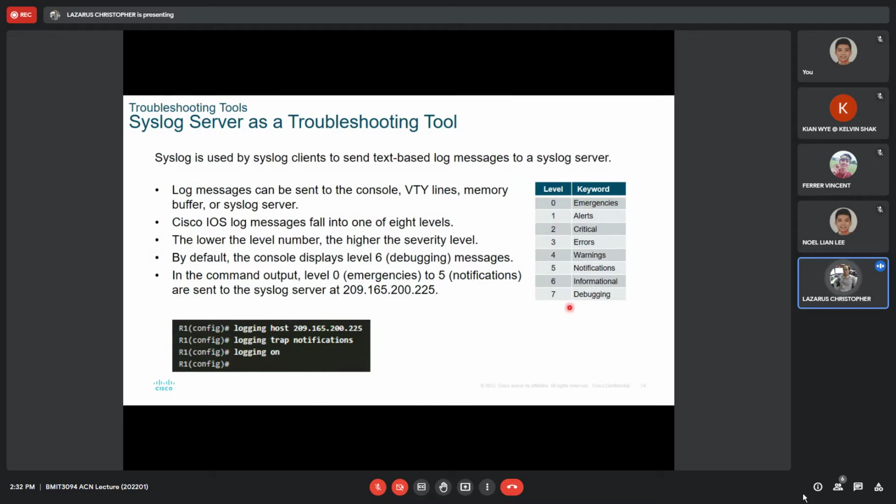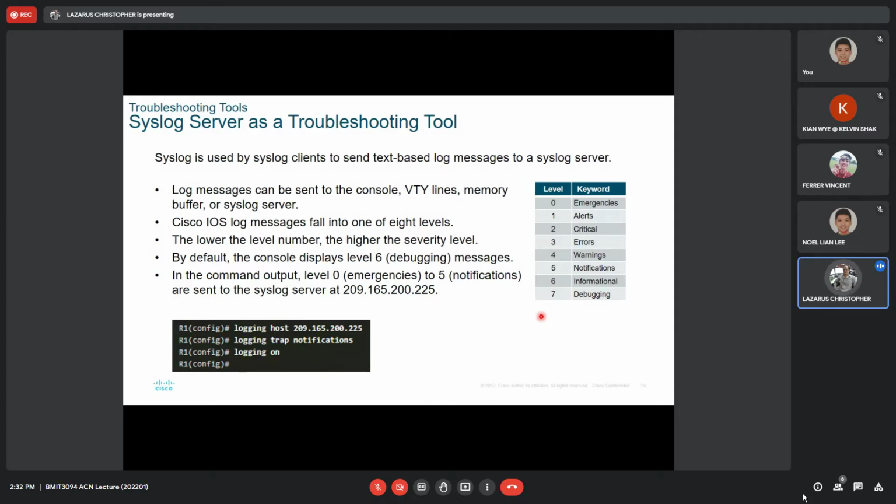So this becomes a very useful tool, not only for auditing, but actually for troubleshooting. Let's say one user says, oh, I cannot connect to the network. Then you check your syslog, and you can see there's an error disabled, because of a security violation.